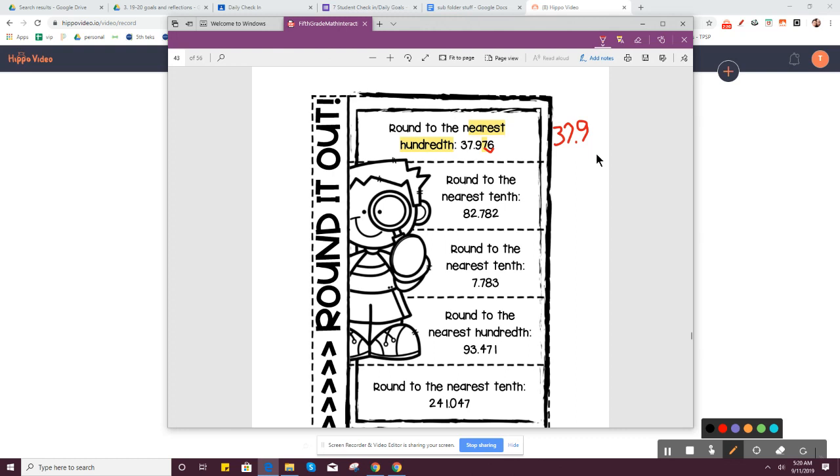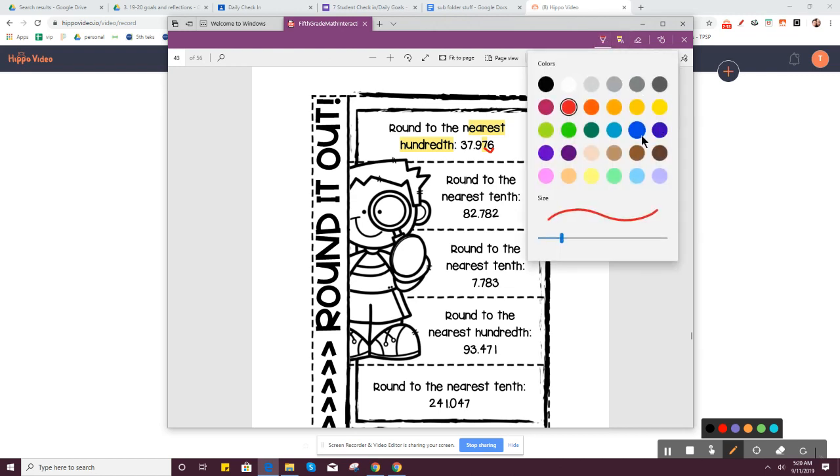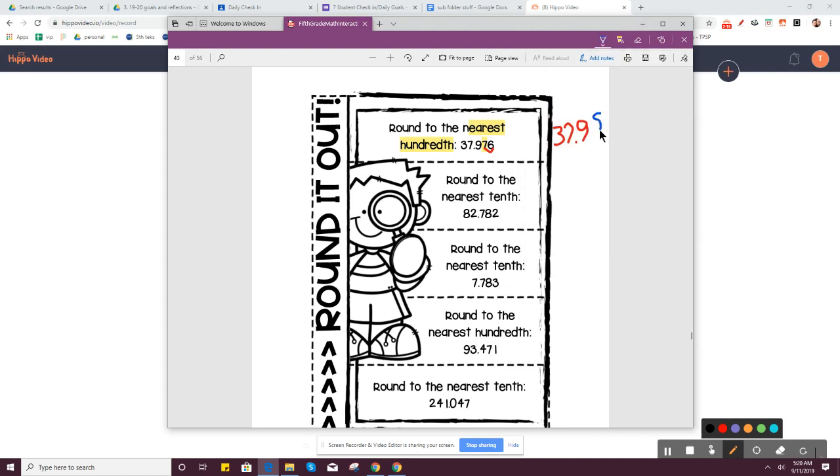Now let's look at the 7. The number behind the 7, is that 5 or more or 4 or less? Well, it's 5 or more. So since it's 5 or more, the 7 turns into an 8. And then everything else behind it stays the same. Right there. So write this underneath that flap.